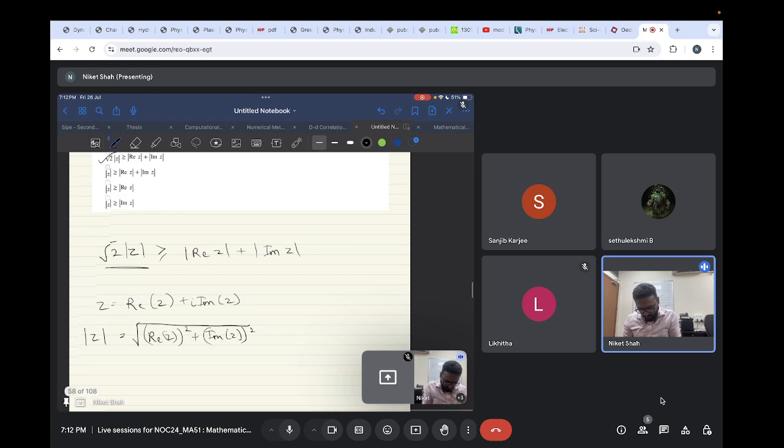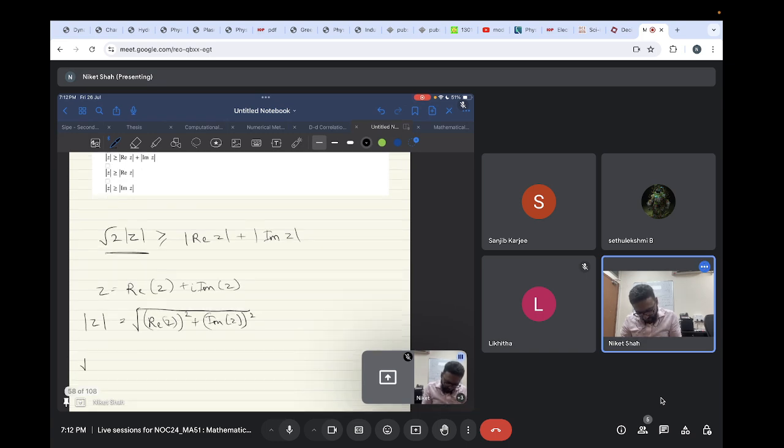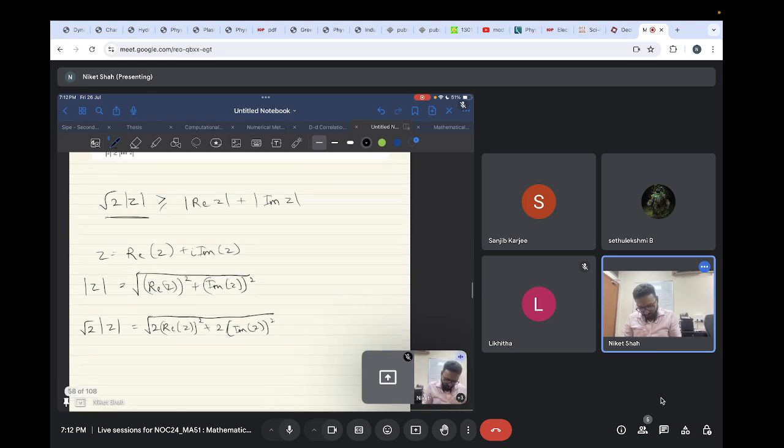Right, so this is what we get. And if I'm saying square root of 2 mod z, that is equal to square root of 2 into real part of z the whole square plus 2 into imaginary part of z the whole square. Okay, so this is my left hand side. Let's see the right hand side.